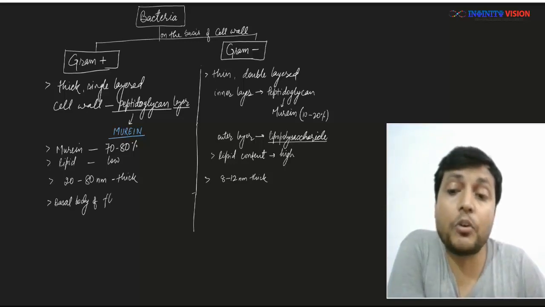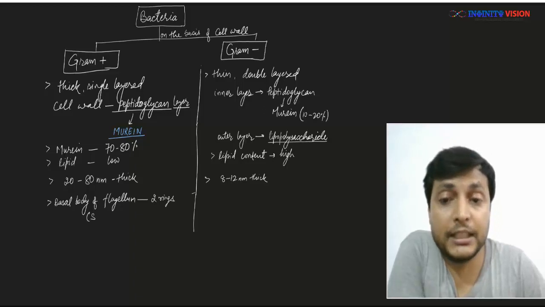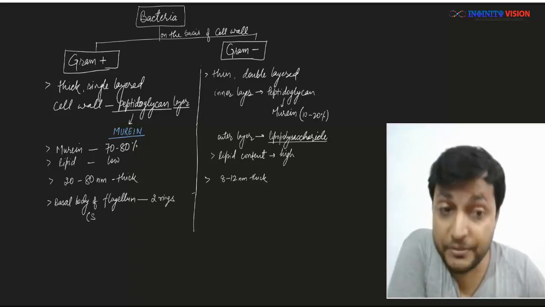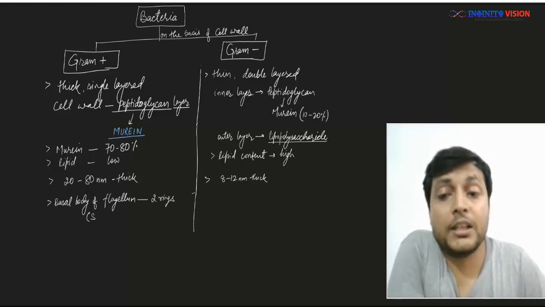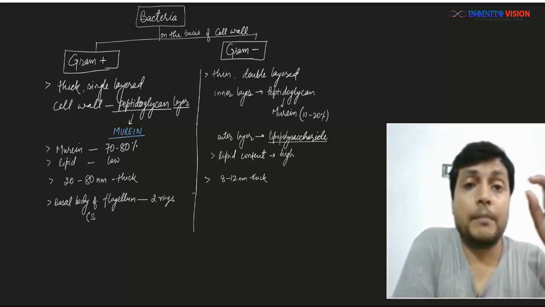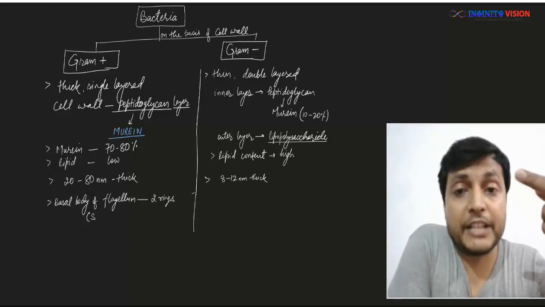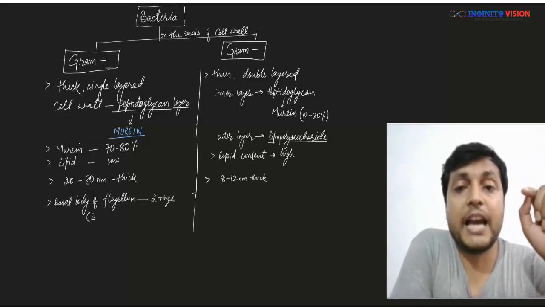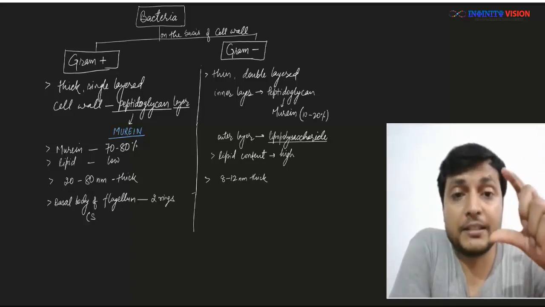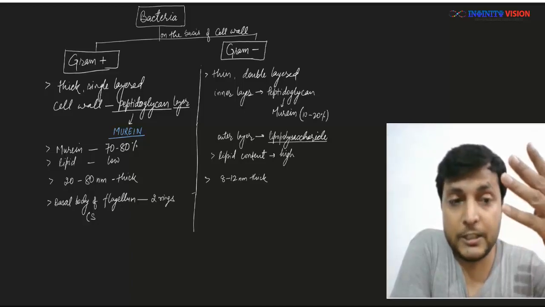The basal body of the flagellum in gram-positive bacteria is composed of only two rings. Remember when we were studying bacterial flagella in the previous class, we saw that the basal body has four rings, right?